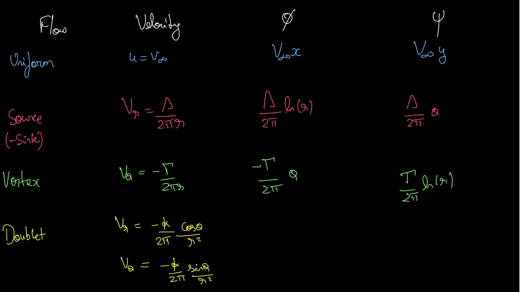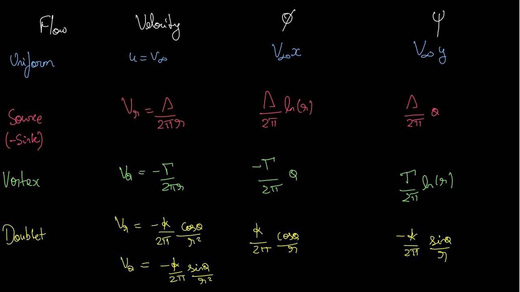Our velocity potential is κ/(2π) cos θ over r, and finally our stream function is minus κ/(2π) times sin θ by r. So this is just a quick recap or tabulation of all the elementary flows that we have looked at and their corresponding properties.